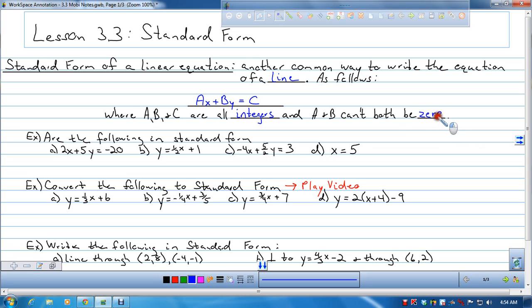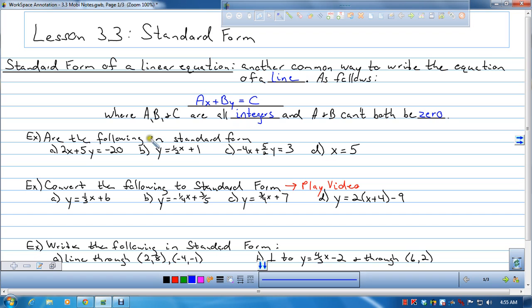One of them can be at a time, but not both, because if both a and b were 0, I would simply have 0 on this side, and I wouldn't have any x or y value to get the ordered pairs that would make up a line. So this a, this b, and this c must all be integers, any whole number or 0, and can be negative or positive.